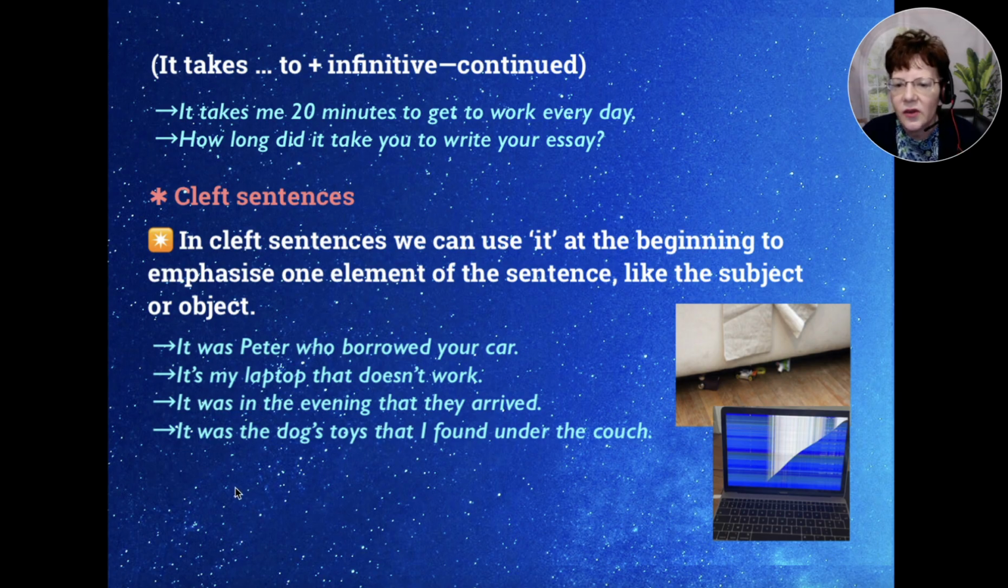Or it was the dog's toys that I found under the couch. So like in this third one, instead of saying it was in the evening, we would simply say they arrived in the evening. But because we're adding it plus be, and then starting the subject, that's why they call it a cleft sentence.